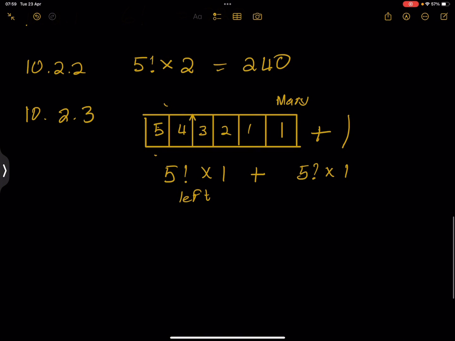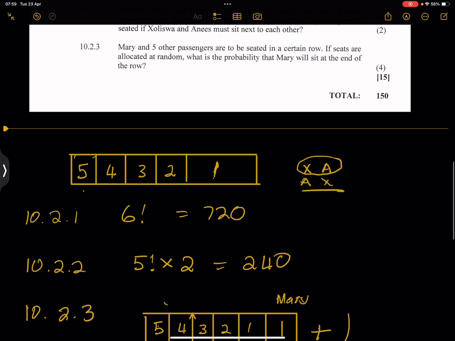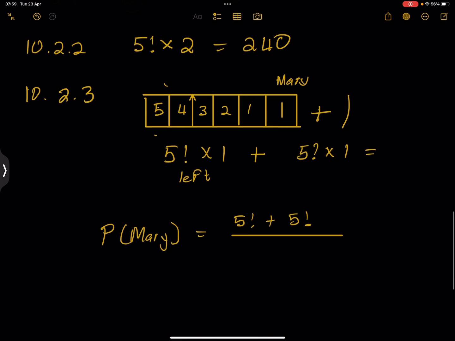Now remember they were asking about the probability of sitting here at the edge. So the probability that Mary will be at the edge will be the total number of permutations, either sitting here on the left or on the right. So it would be 5 factorial plus another 5 factorial, divided by the total number of ways in which we can sit them, and that's 6 factorial.